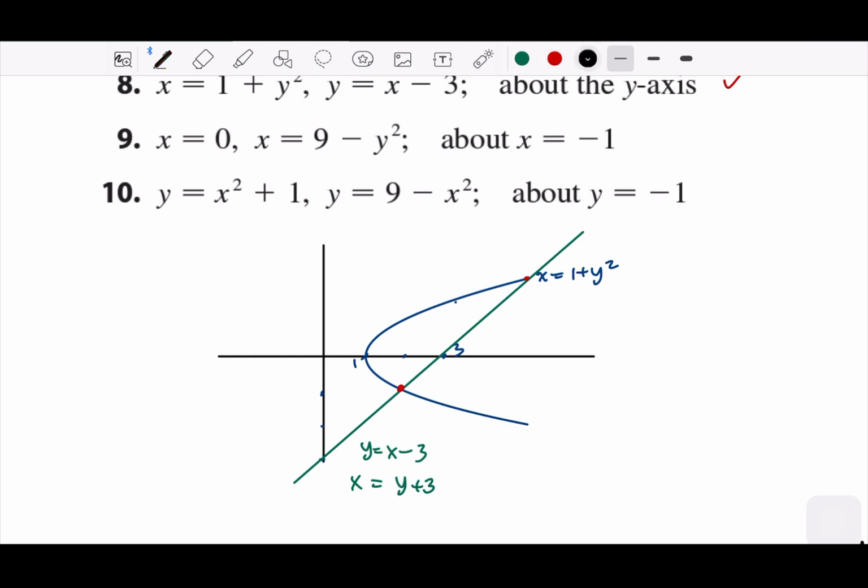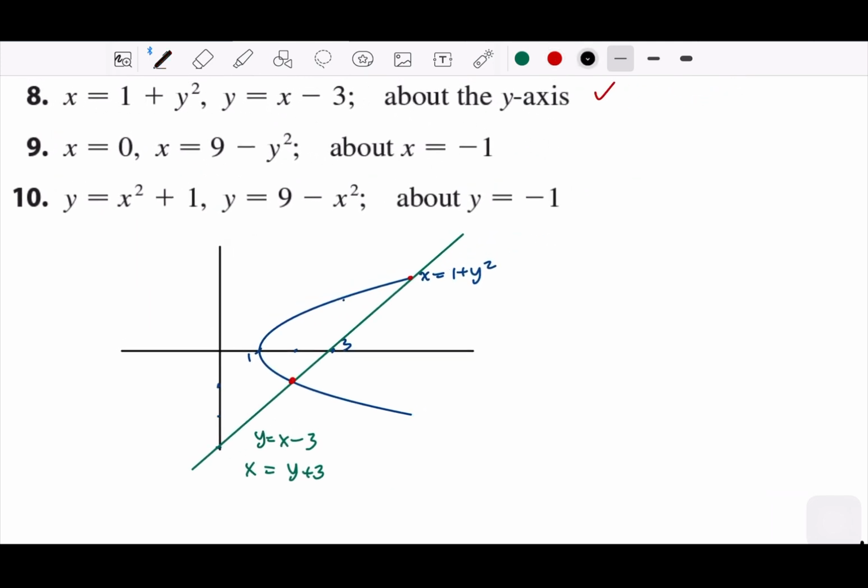To confirm our intersection, we could take 1 plus y squared equaling y plus 3. So y squared minus y minus 2, and this will be y minus 2 times y plus 1. So y equal 2, y equal negative 1.